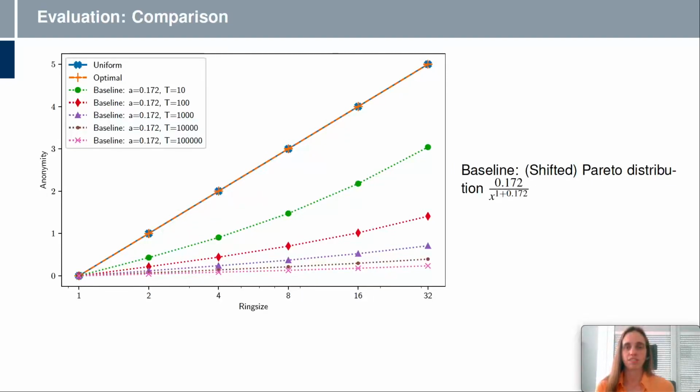We did the same as Mirza et al. and fitted a curve into Bitcoin data. But we think that a shifted Pareto distribution is slightly better according to the values we got. So instead of the gamma distribution, we use a shifted Pareto distribution, which still provides kind of similar values.